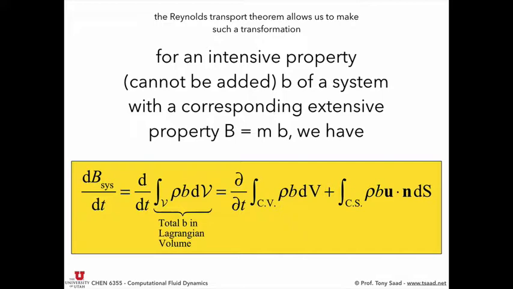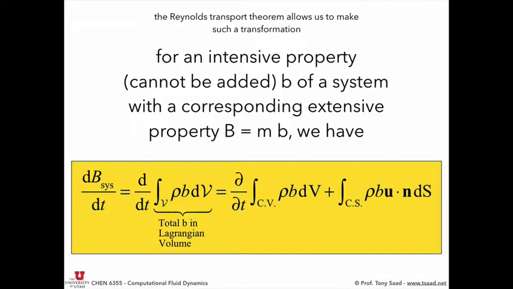Now we're going to jump into the control volume. And that could be any control volume in space, as long as you know the surface of the control volume, right? Then that tells us that this is equal to the rate of change over the control volume of the integral of rho b dV. Now be careful where the integrals are taking place.